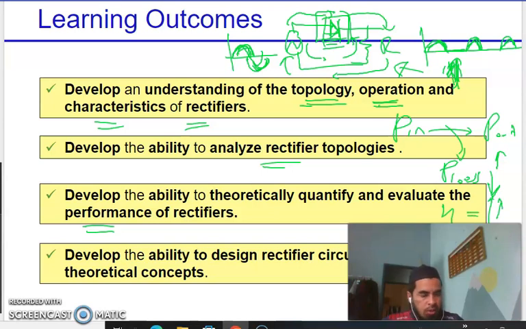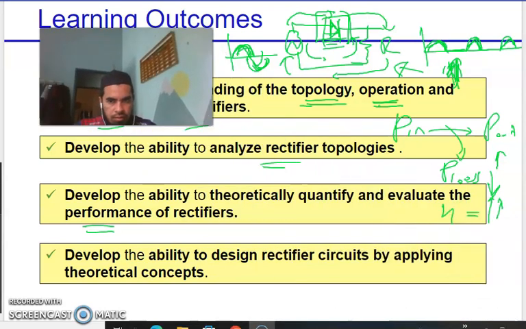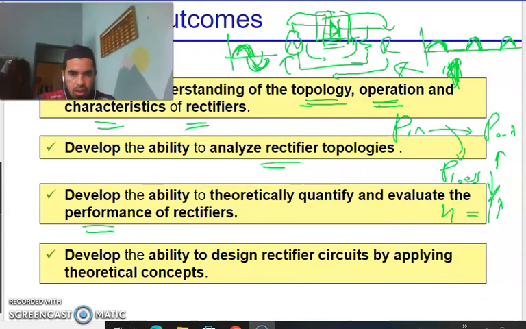And you should be able to develop and design a rectifier circuit by applying the theoretical concept. That means later, if you want the output to be not only like this, like a half wave, but a little less than a half wave.